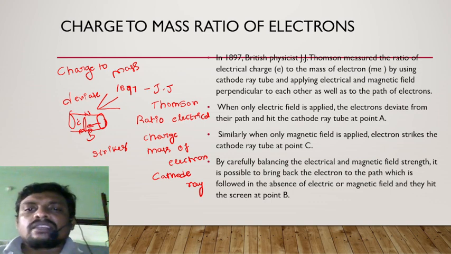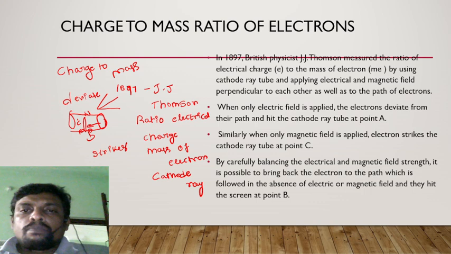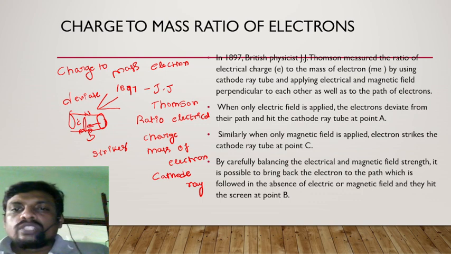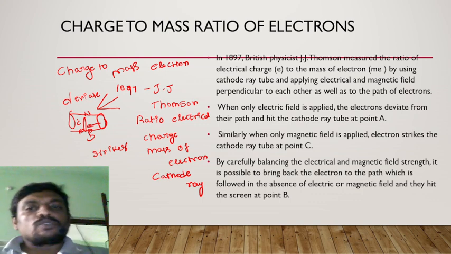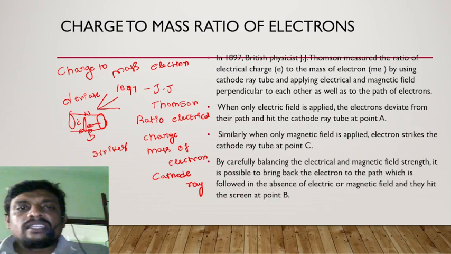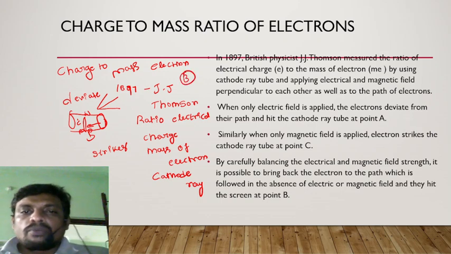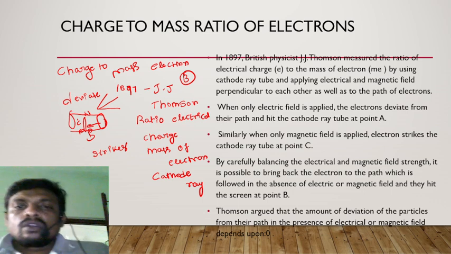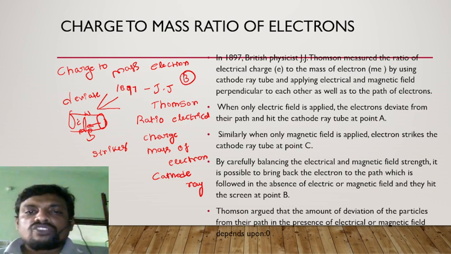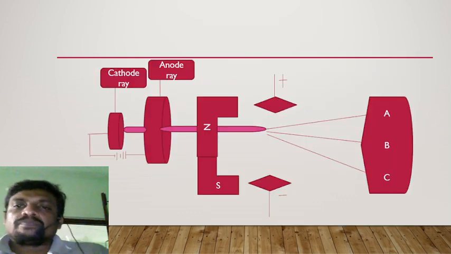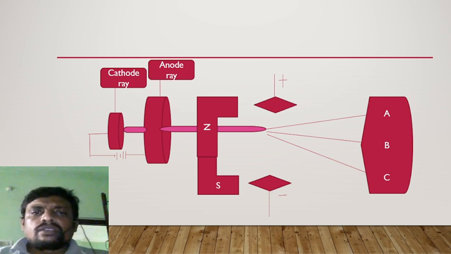By carefully balancing the electrical and magnetic field strength, J.J. Thomson successfully brought the electrons back to the path they followed in the absence of the electric and magnetic field, and they hit the screen at point B. Thomson argued that the amount of deviation of particles from their path in the presence of electrical and magnetic fields depends upon the specific path. You can see here, this is a magnetic field.